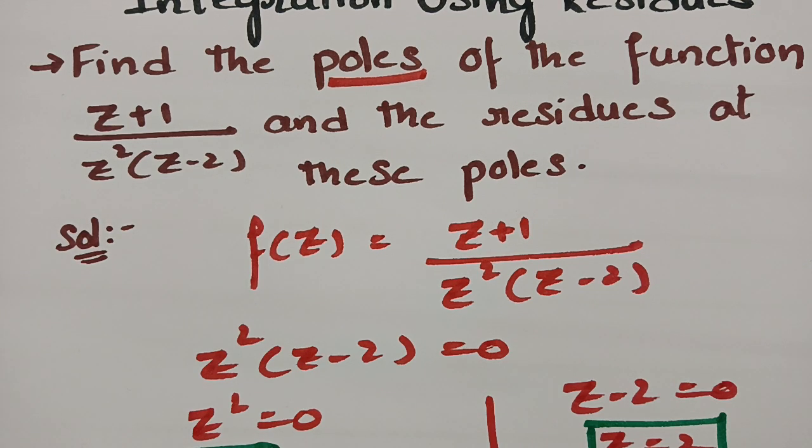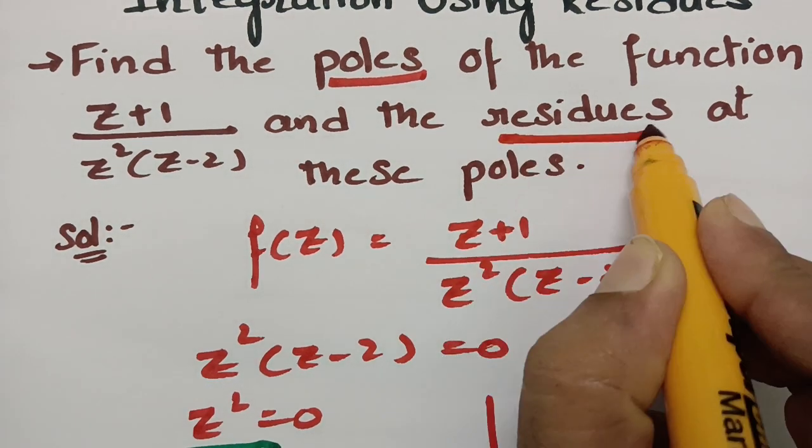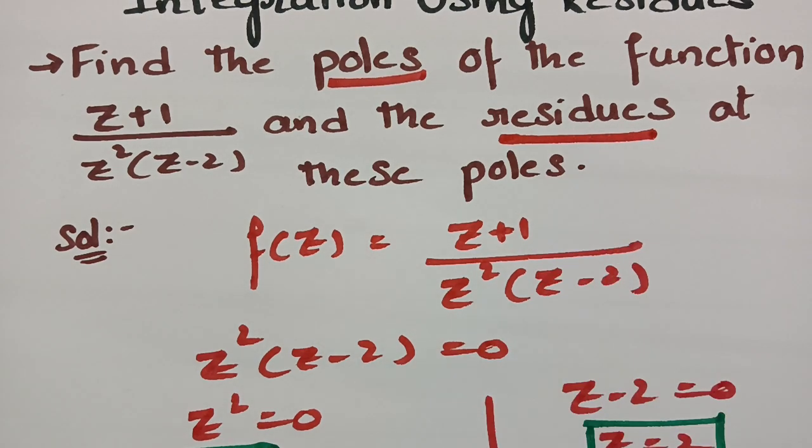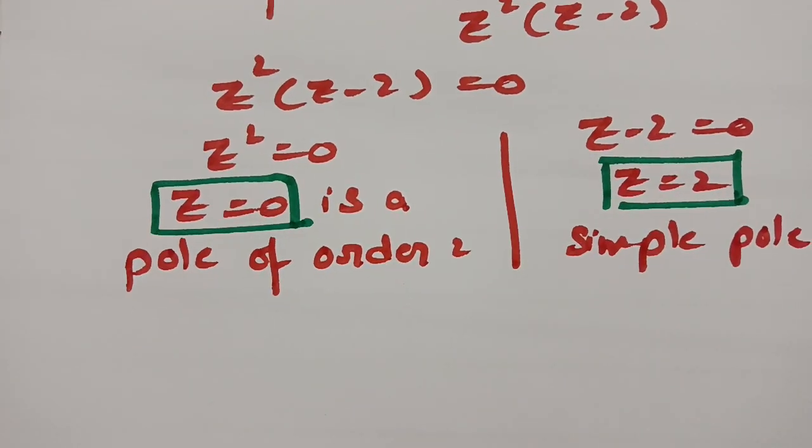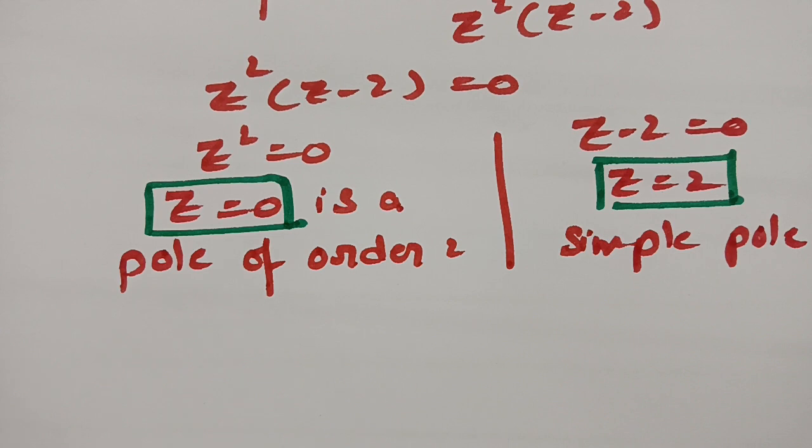And next we have to find the residues at these poles. In order to find the residue value, let me explain. There is a formula.